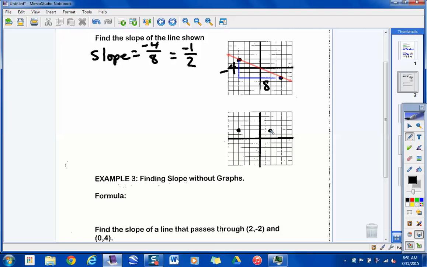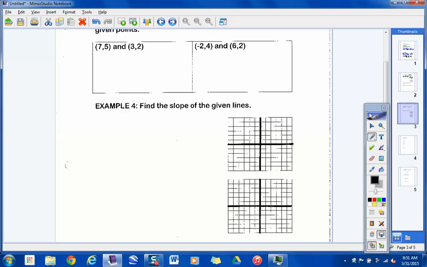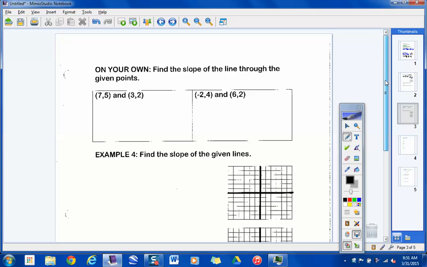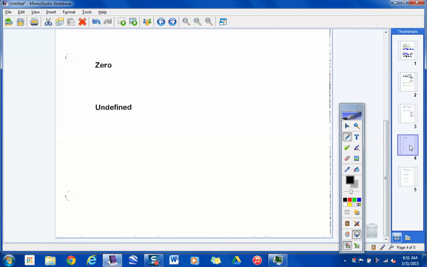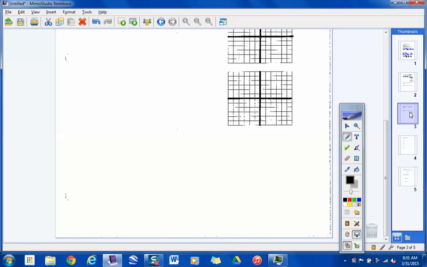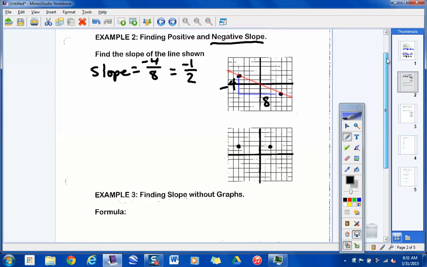I shouldn't put this in here, but we already talked about positive slope. But I'm going to do it anyway. Here we go. Draw your line through there.